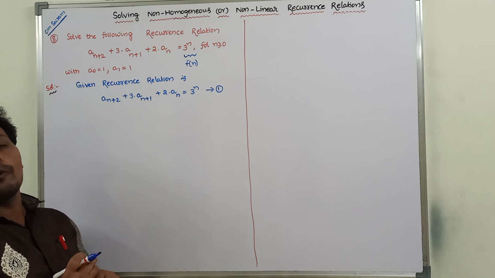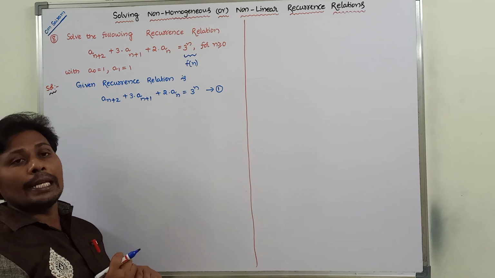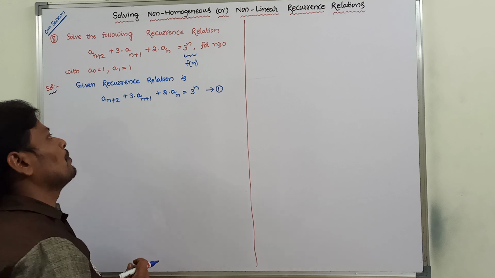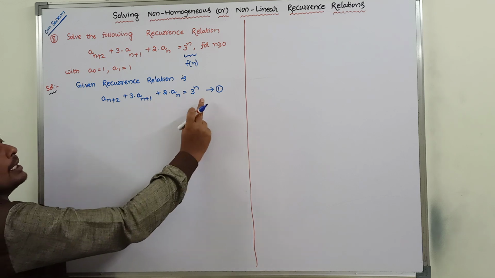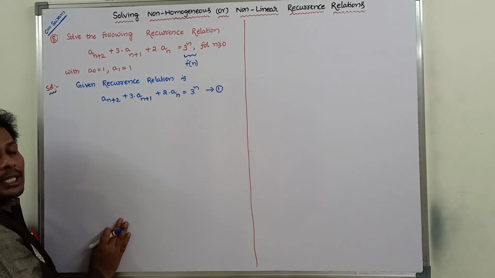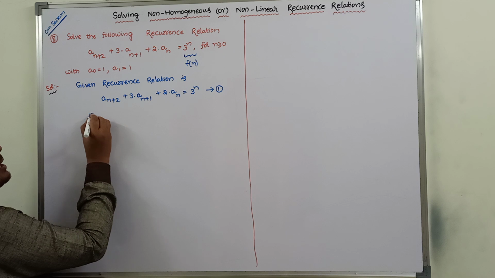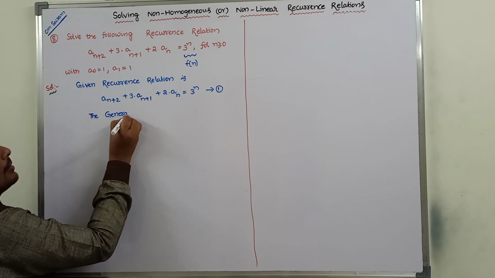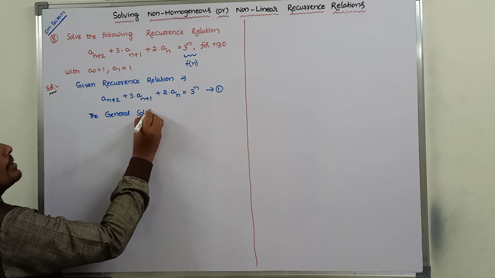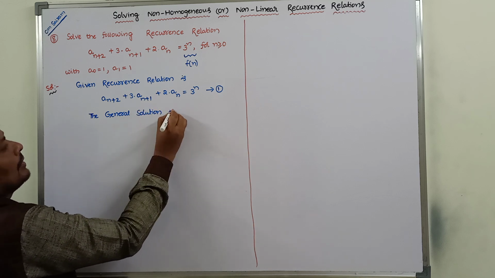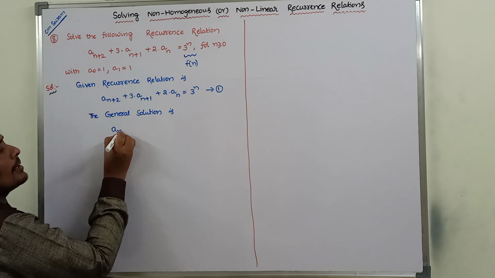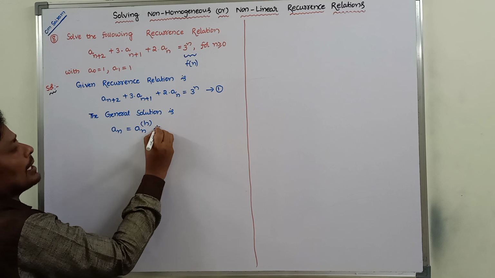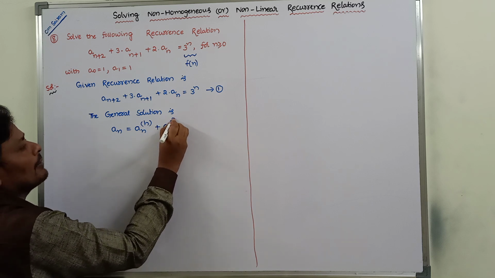So how are we solving that non-linear or non-homogeneous recurrence relation? This is the given recurrence relation, so this can be treated as equation 1. Now the general solution is a suffix n is equal to a suffix n power h plus a suffix n power p.